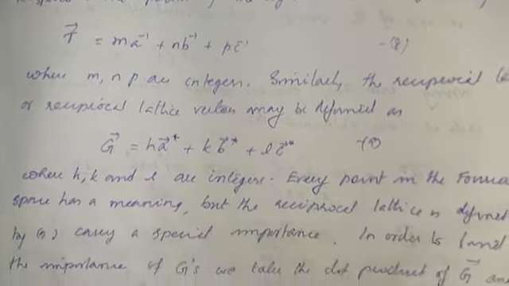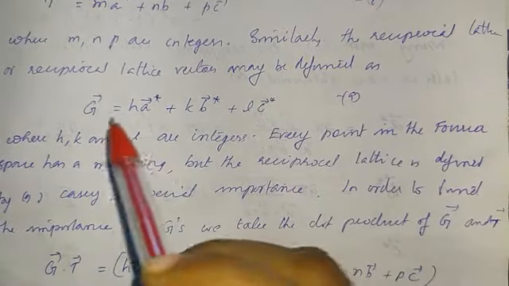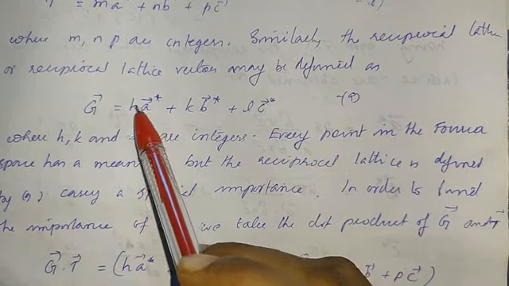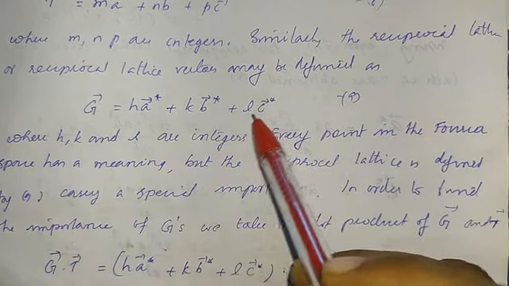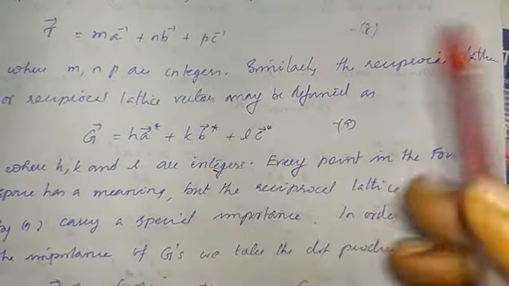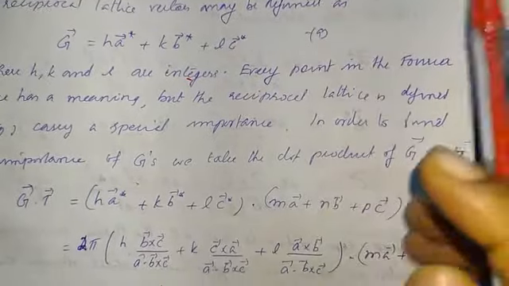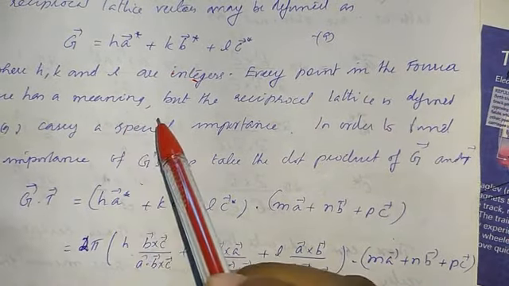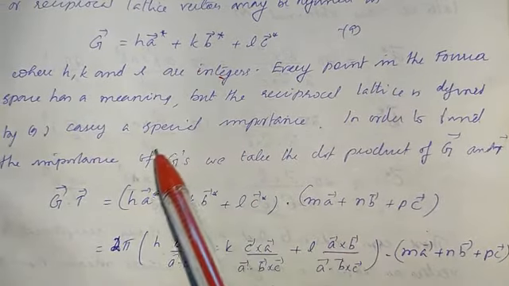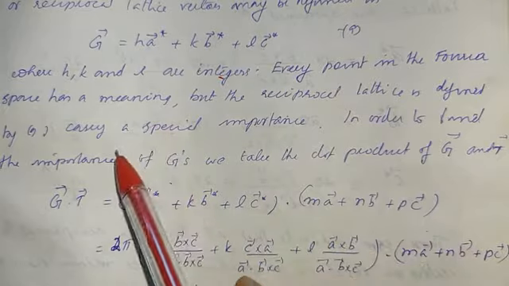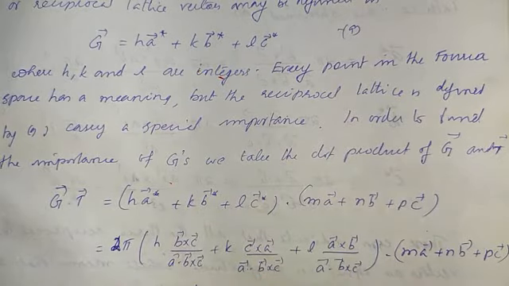Similarly, the same can be represented in reciprocal lattice vectors as G, which is HA star plus KB star plus LC star, where H, K, L are integers, similar to this translation vector expression. So every point in the Fourier space has a meaning, but the reciprocal lattice defined by this equation carries a special importance.